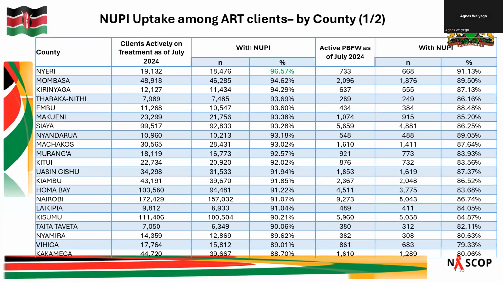We see that Nyeri County is taking the lead with a coverage of around 96.6% among clients on ART, and the same county has 91% among PMTCT clients. We have ordered this from the highest to the lowest. We can go to the next slide.